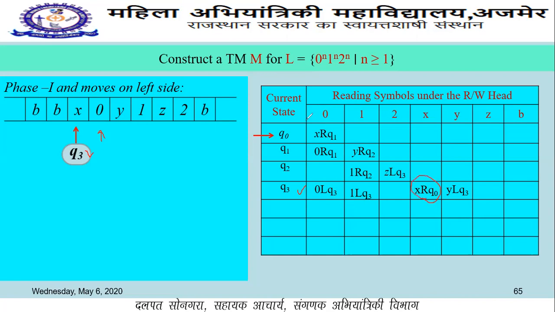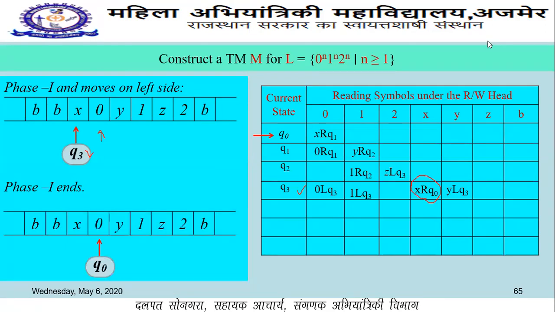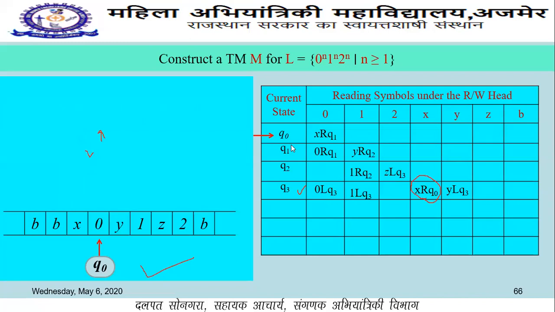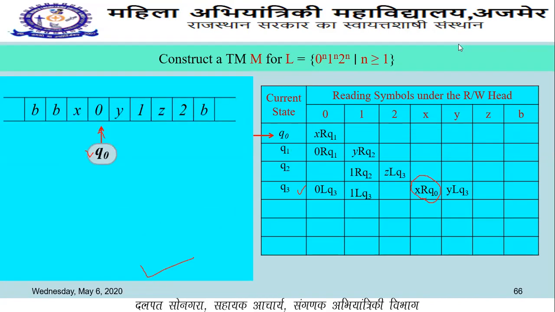We apply this transition function at this instantaneous description, then phase one ends, and we enter into the second phase like this. So we are at this situation now. The thing is changed, and we are in a situation like this. So this is the initiation of the second phase.